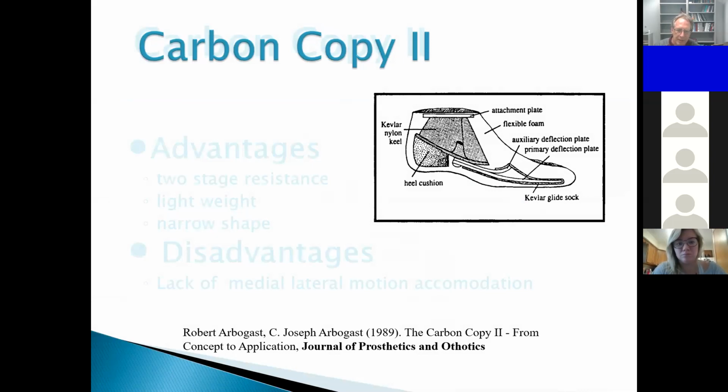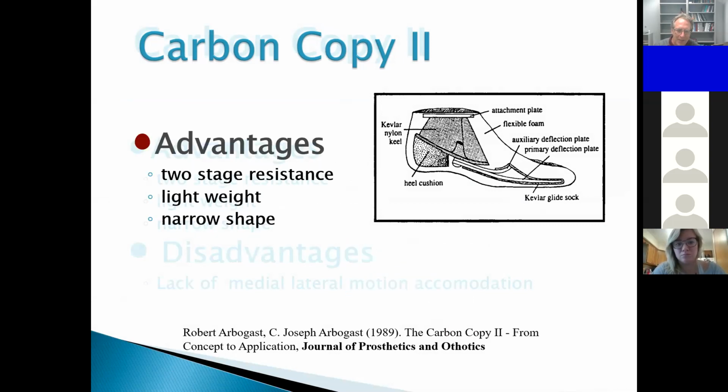Okay, here's another variety, and it's got a lot of parts. It's kind of interesting, but the interesting thing about this is that it's got two-stage resistance. That two-stage resistance was made to make it seem more natural in gait. So it's got two plates, as you see here. It's got an inferior plate, and that inferior plate acts like the metatarsals, and that will bend and return.